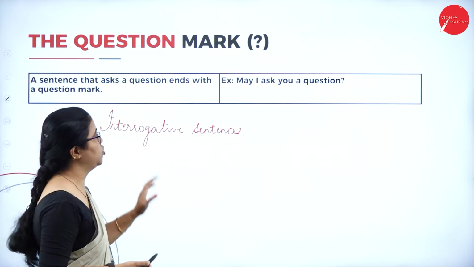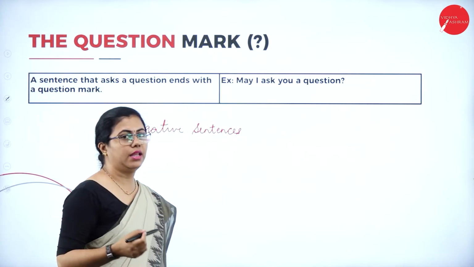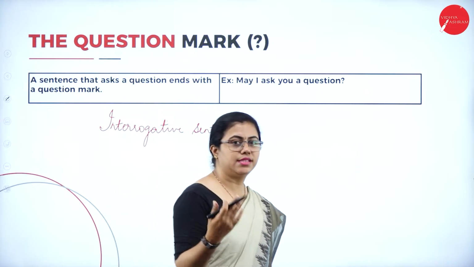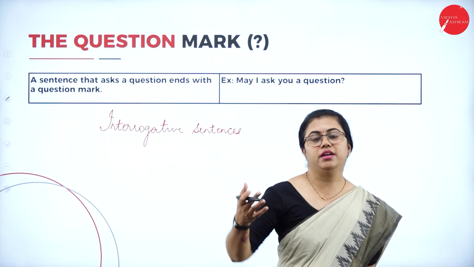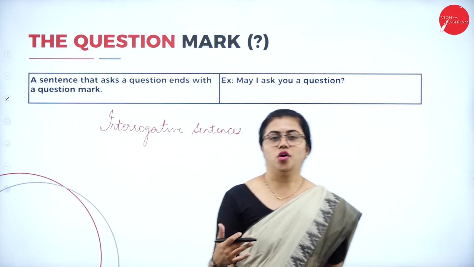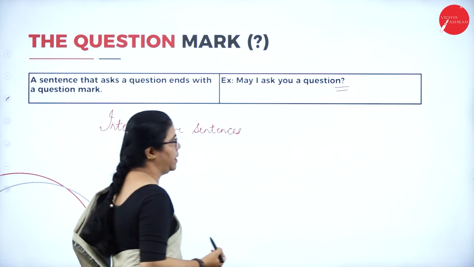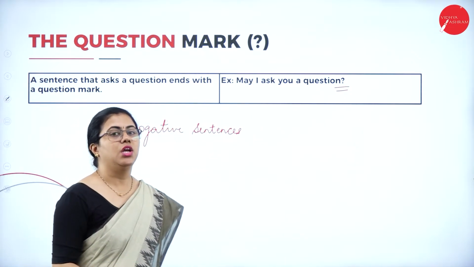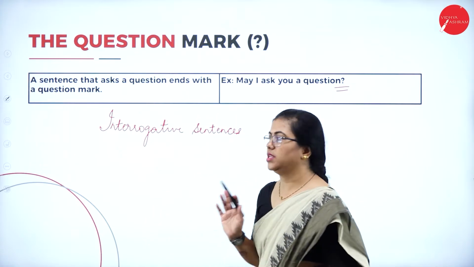May I ask you a question, or whenever you are writing a helping verb also in the beginning: Is this hers? Does this bag belong to him? Like this. Whenever there is a question and you are expecting an answer, all that time you have to write a question mark in the end. May I ask you a question? It's again an interrogative sentence, so a question mark has to be used in the end.